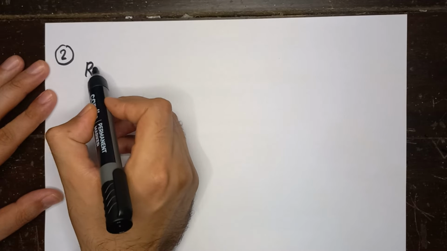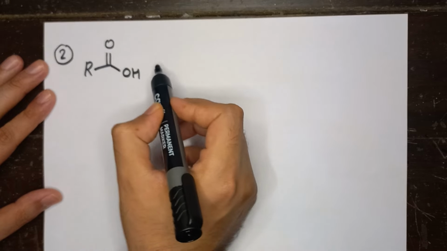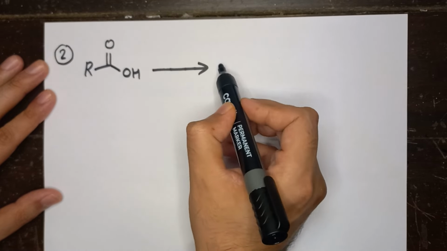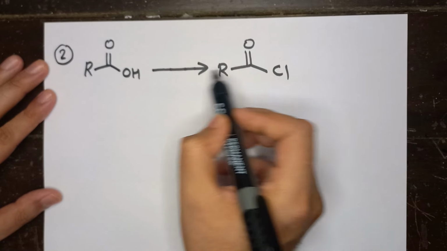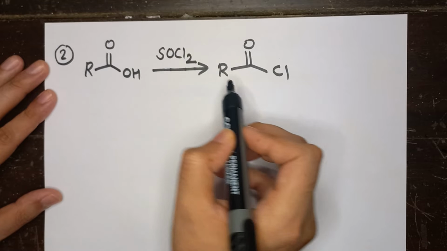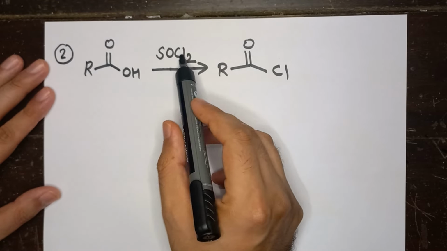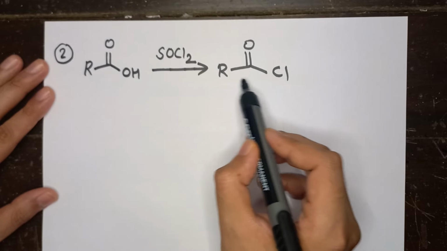So in the second method, we'll start with carboxylic acid, and first we need to convert it into an acyl chloride. And to do this change, you need thionyl chloride, SOCl2. So SOCl2 will convert your carboxylic acid into an acyl halide.